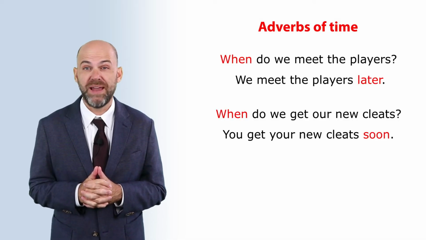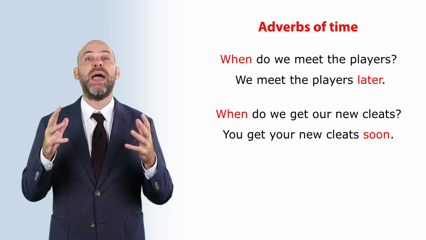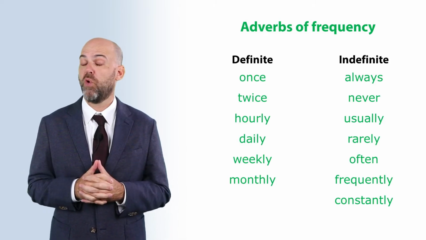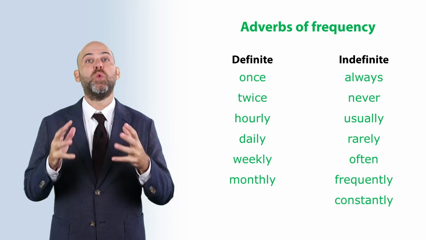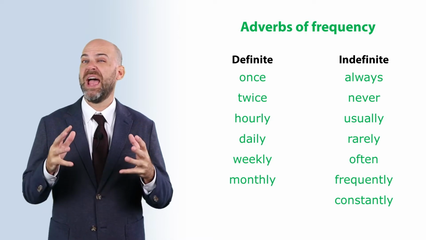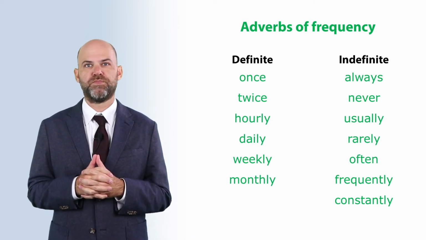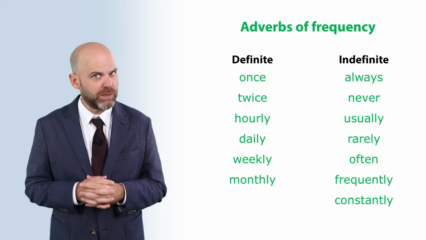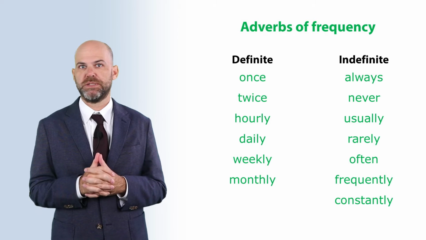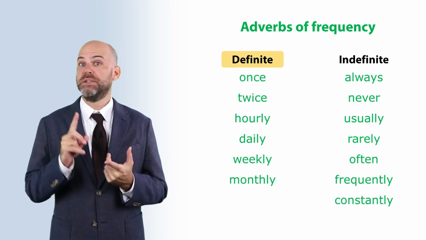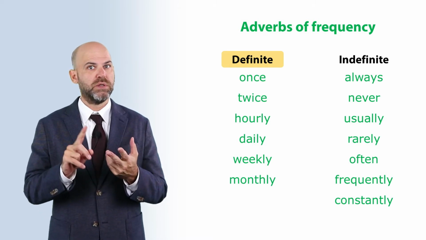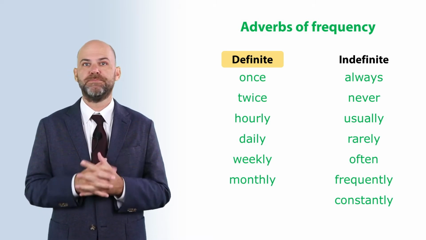Let's move on to our next topic. Adverbs describe verbs, adjectives, or other adverbs. We use adverbs to tell us information like when, how often, or how. Adverbs of frequency describe how often something happens. There are definite adverbs of frequency, like once, twice, and daily.